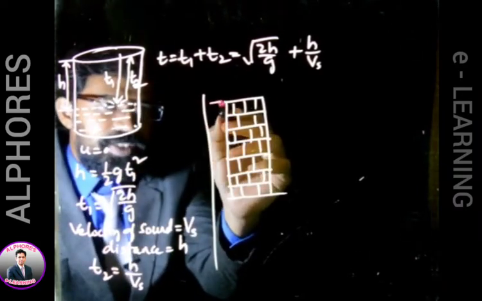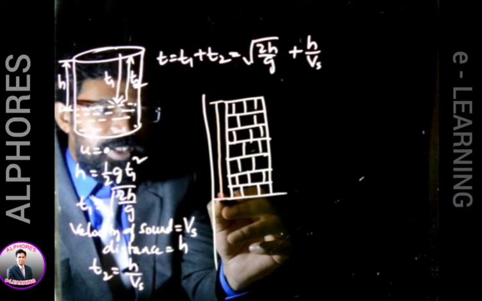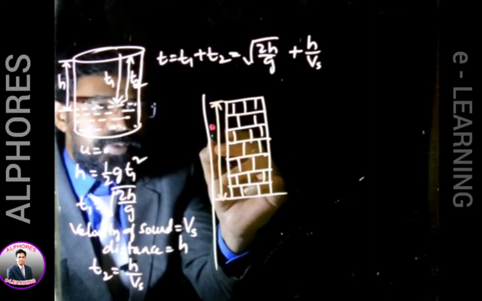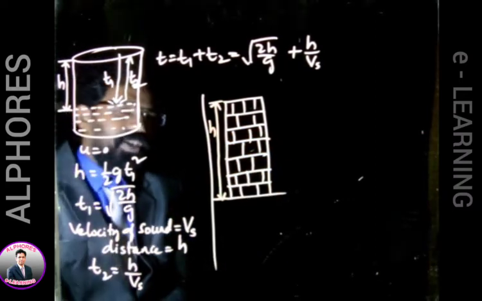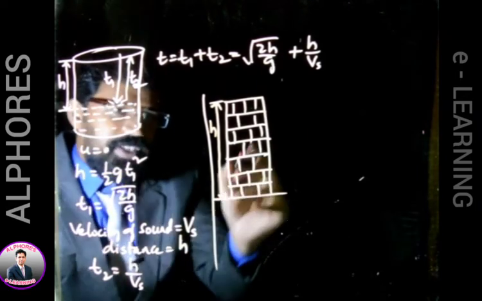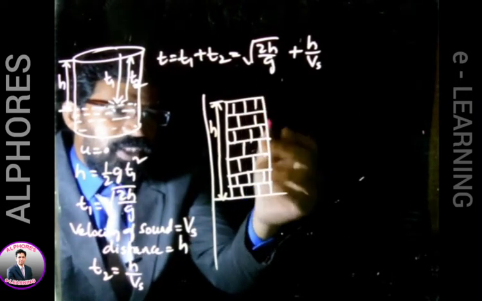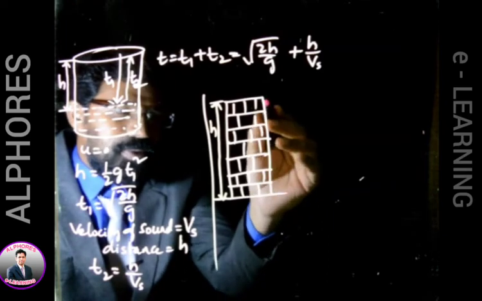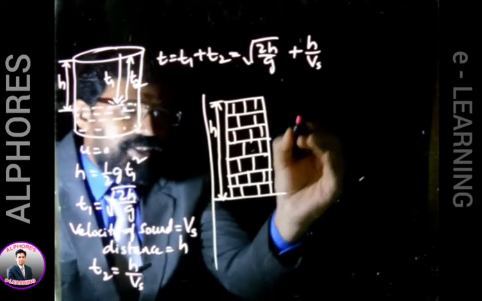Let the total height of the building be h. If any object is dropped from the top of the building, let us say it takes a time equal to some t1 seconds.